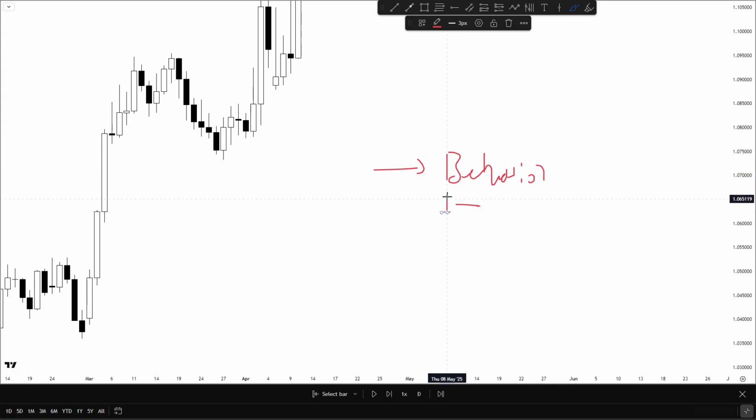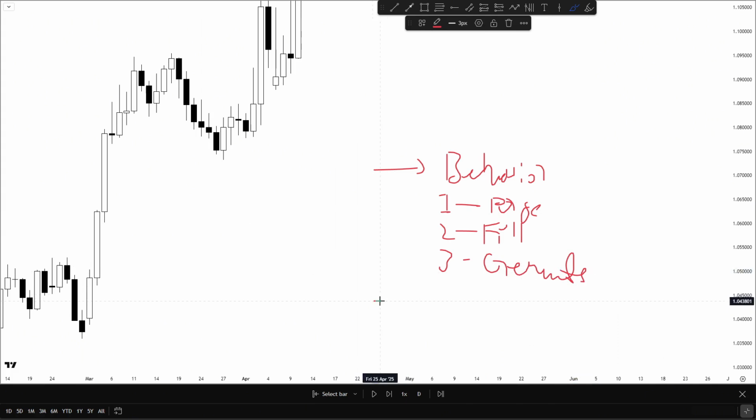First of all, it has to either purge liquidity, fill liquidity, and or generate liquidity. And once it shows one of these behaviors, the second thing is that it must be engulfed by a candle or a group of candles.